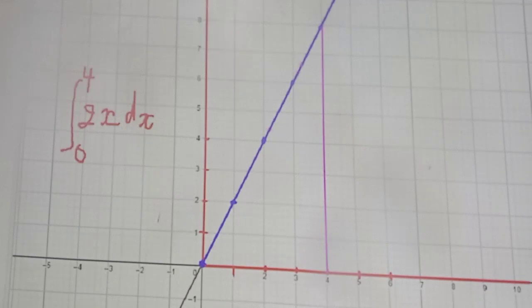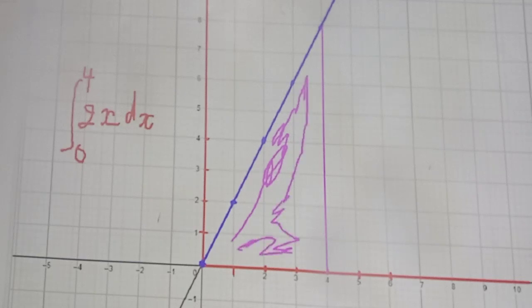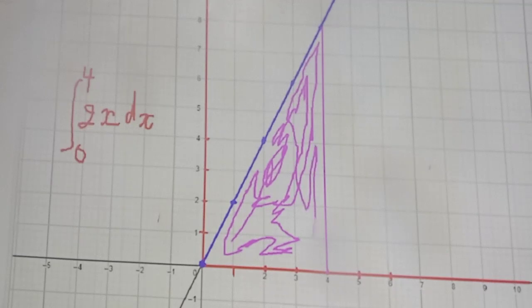We see that we have a triangle, and geometrically the integral of 2x dx from 0 to 4 is to find the area of where I am shading. Through our analysis, we see that this is the height and this is the base.